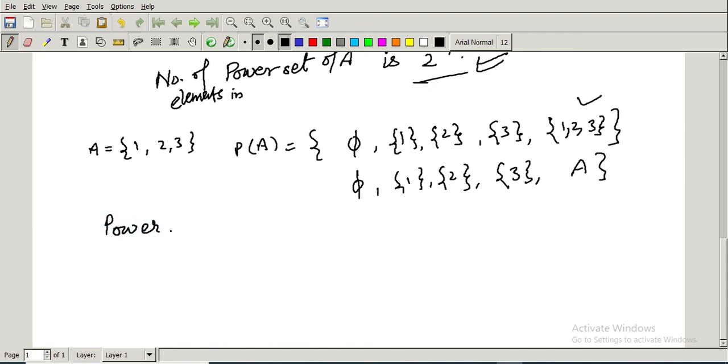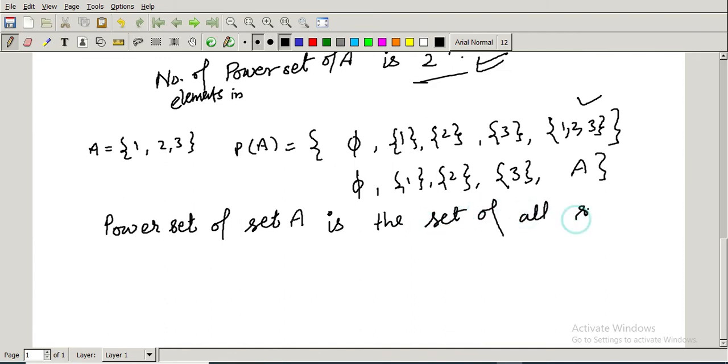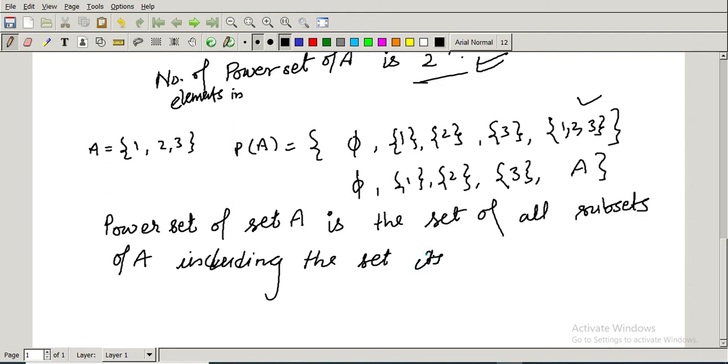So the power set of a set, let's say A, is the set of all subsets of A. It means including the set itself and null.